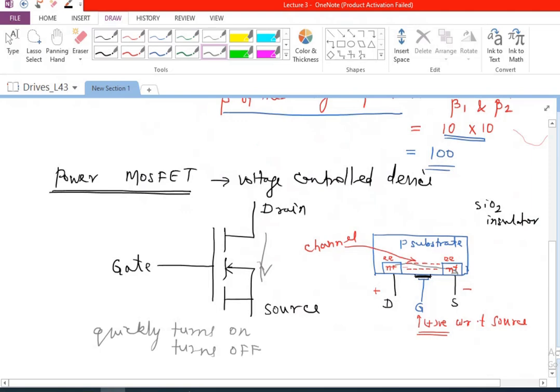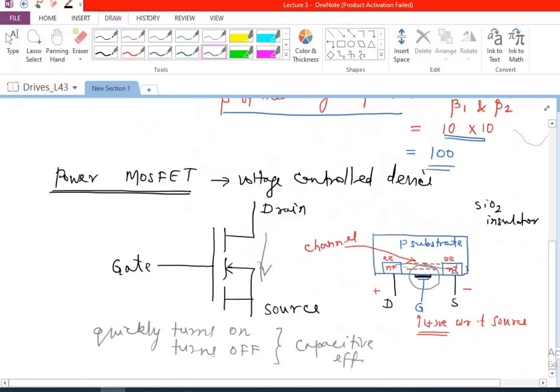So turning on and turning off both can happen very quickly because it is just the application of voltage and how long it takes, that capacitance between the gate and the channel, how much is the capacitance value, how long it takes for the charge accumulation or charging to take place.